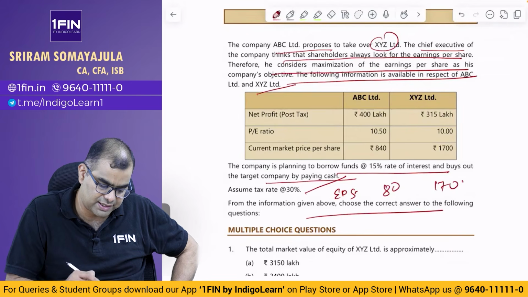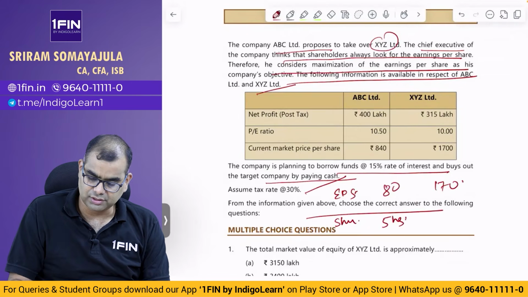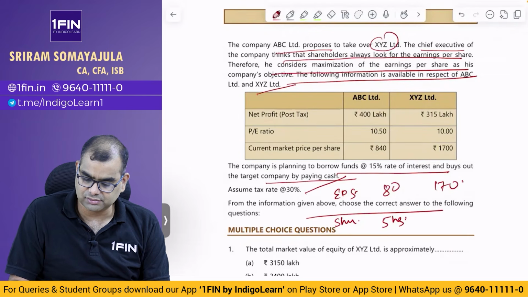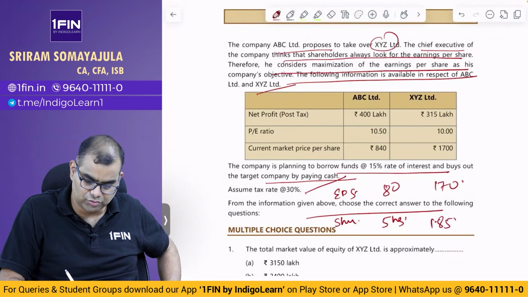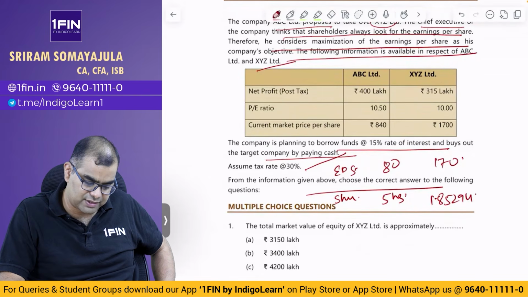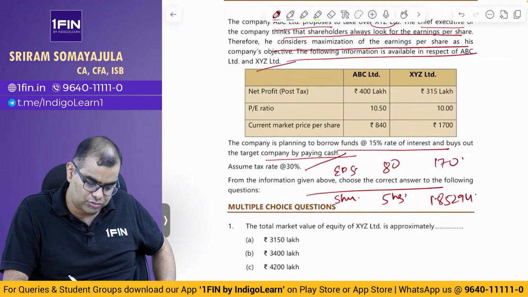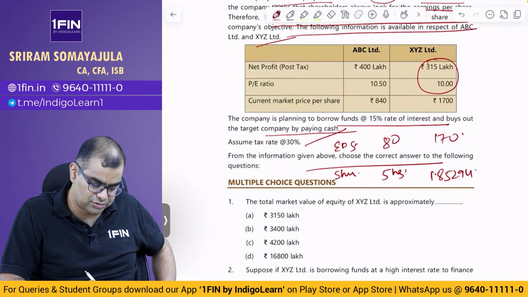If this is the EPS and this is the net profit, then share count is 400 lakh by 80, which is 5 lakh. 400 by 80 is 5 lakhs, and 315 divided by 170 is 1.85294 lakhs. Total value of equity of XYZ, market value of equity, which is your PE ratio into your net profit, right? That is 3150.